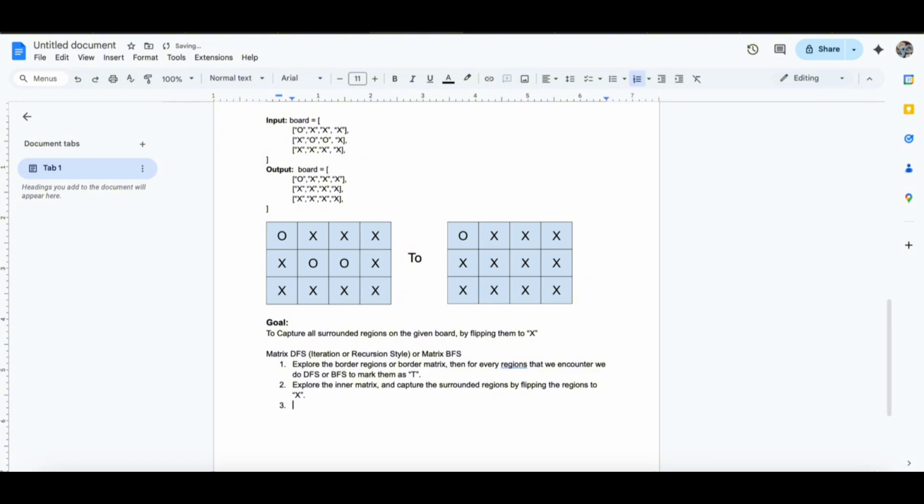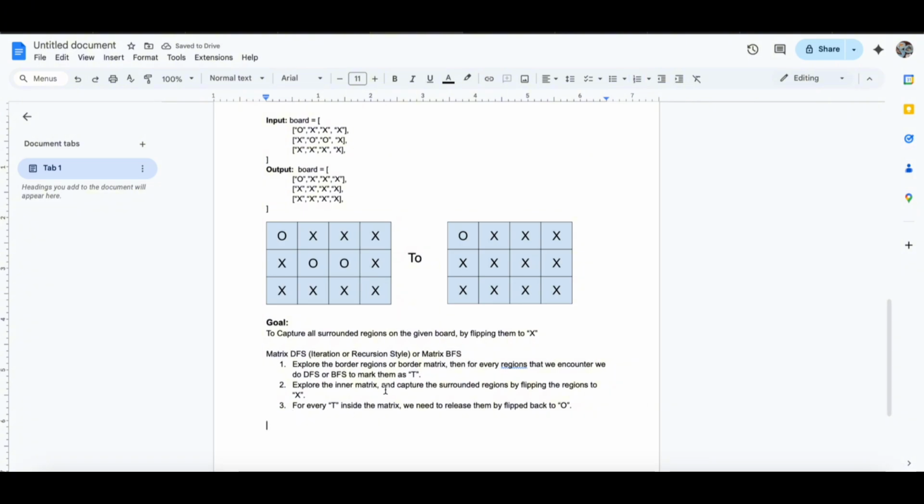Then the third step is, for every T inside the matrix, we release them by flipping back to O. Okay, that's all.